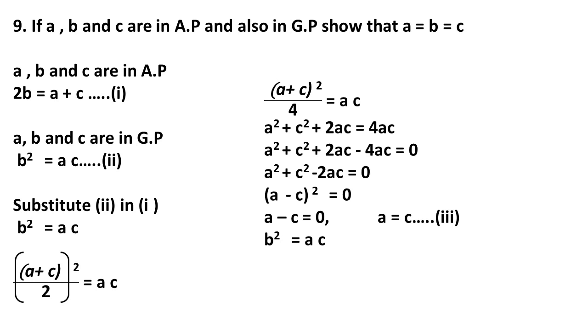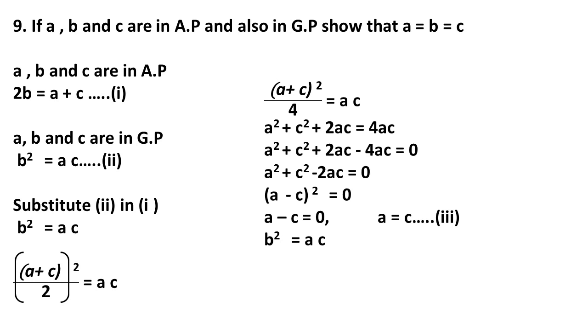Expand by using the identity A plus B whole square. It results as A square plus C square plus 2AC is equal to 4AC. After simplification, you will get A minus C whole square is equal to 0. Hence, A is equal to C.